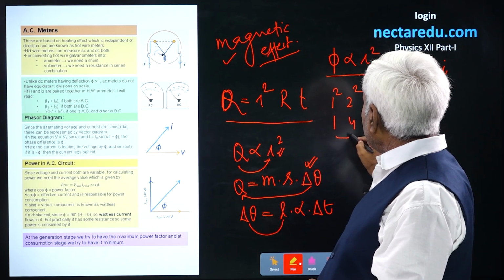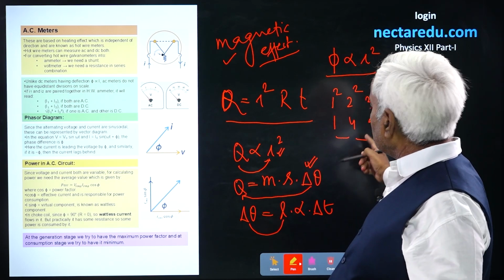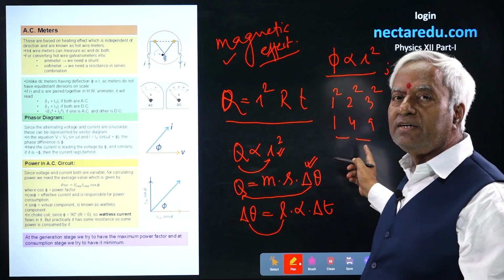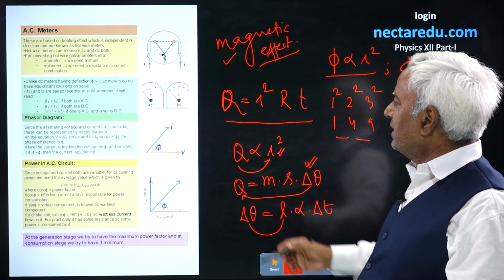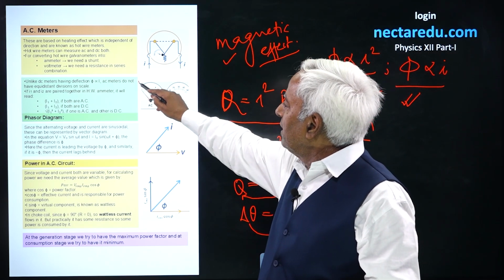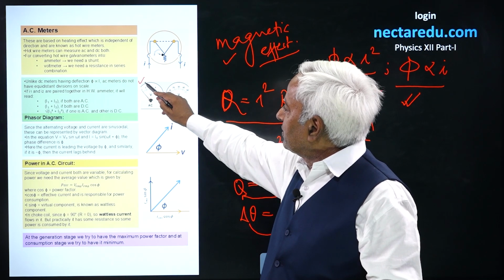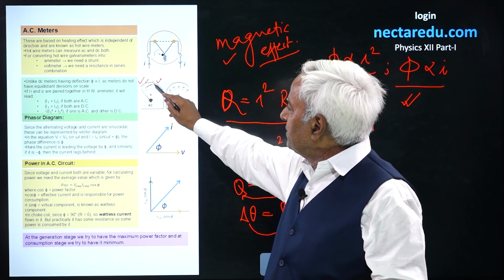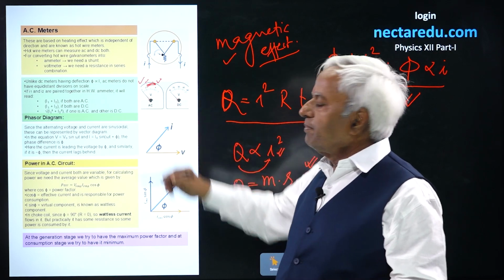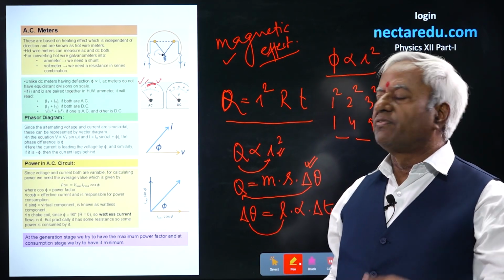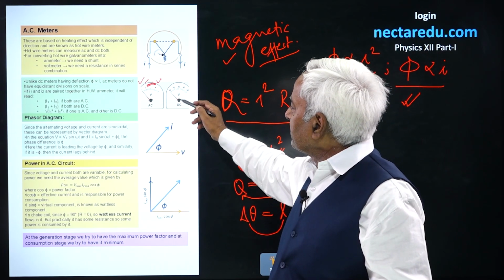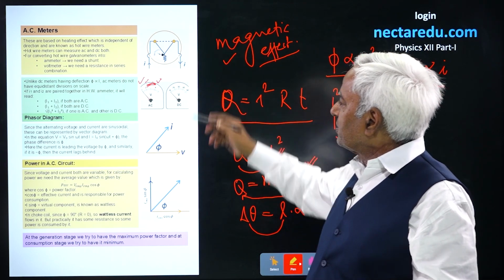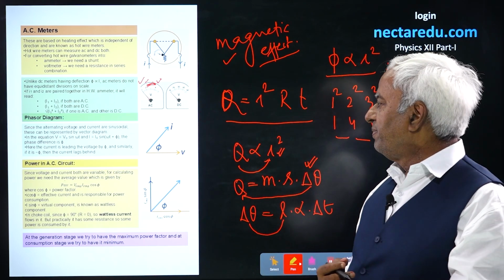That means the distance between two successive divisions is regularly increasing here. That has been clearly demonstrated over here. You see, first, second division, and these divisions are having increasing order of distance, whereas in the case of DC meter, all the divisions are equidistant.